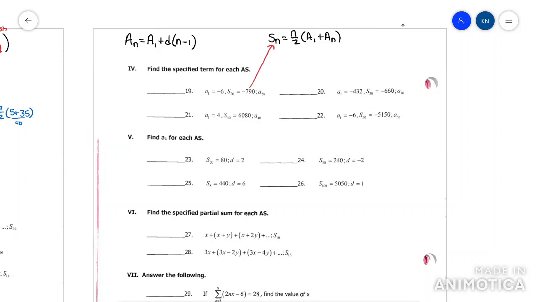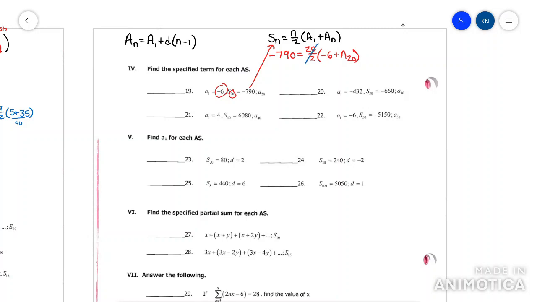So right here is negative 790. And that was when number was 20. So that goes for the letter N. And they gave you A1. And you're trying to find not A sub N, it'd be A sub 20 in this scenario.